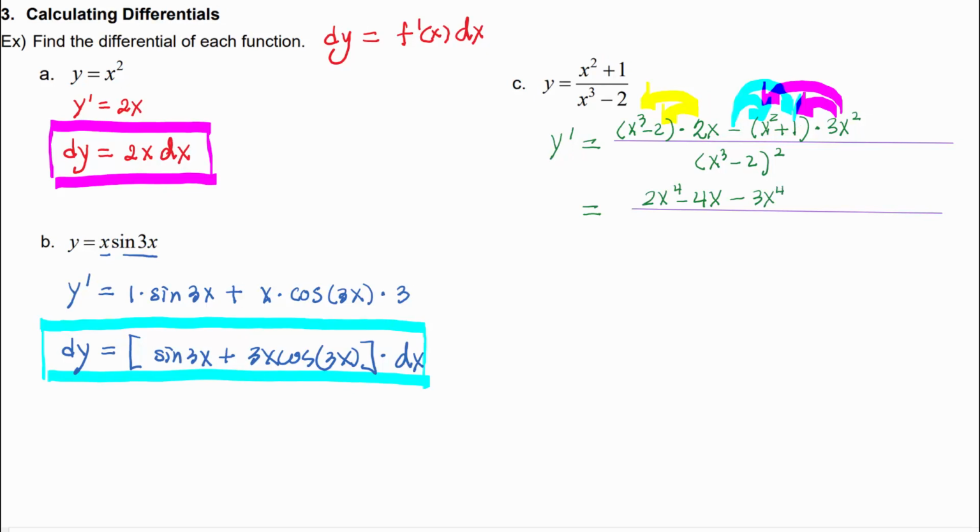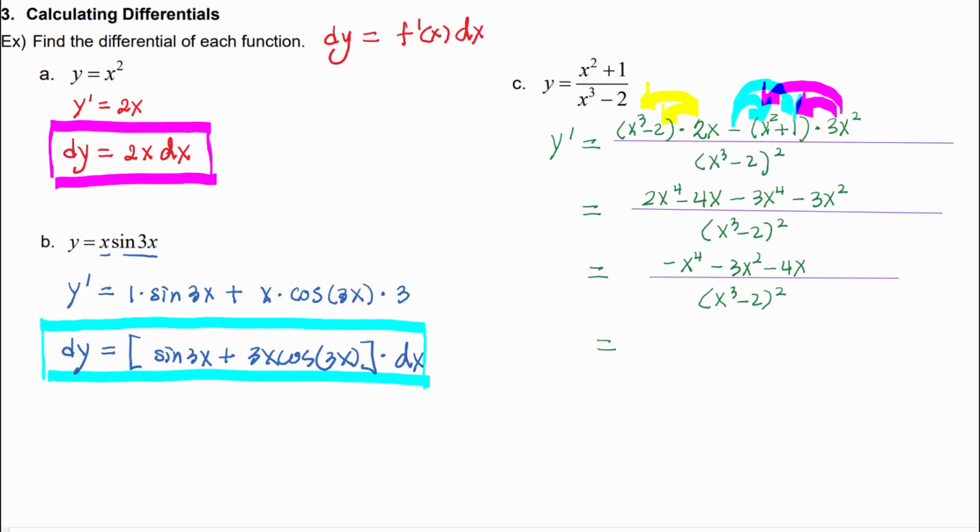Distribute the negative to 1 and distribute 3x squared, then you get negative 3x squared over the quantity x cubed minus 2 to the second power, which is equal to, when you simplify, 2x to the fourth power minus 3x to the fourth power gives me negative x to the fourth power minus 3x squared minus 4x over x cubed minus 2 to the second power.